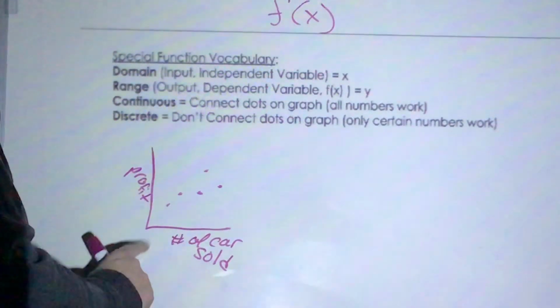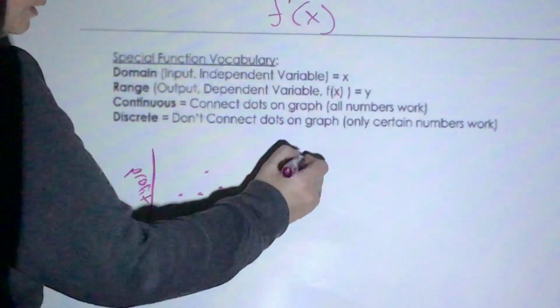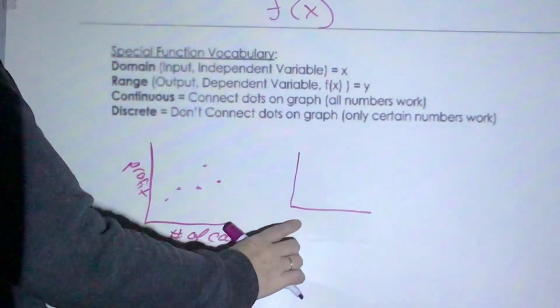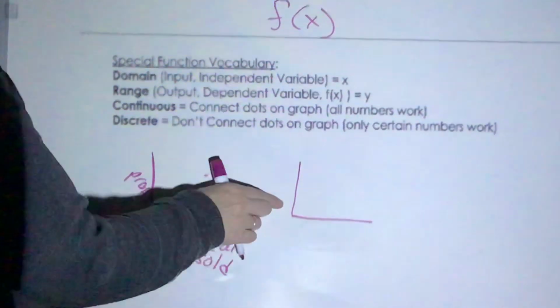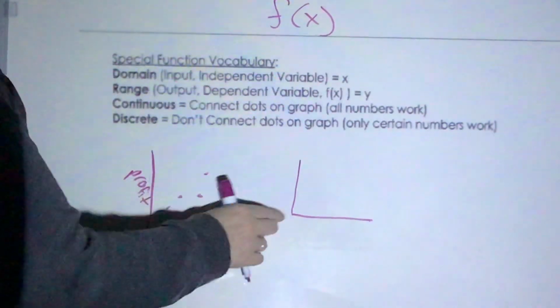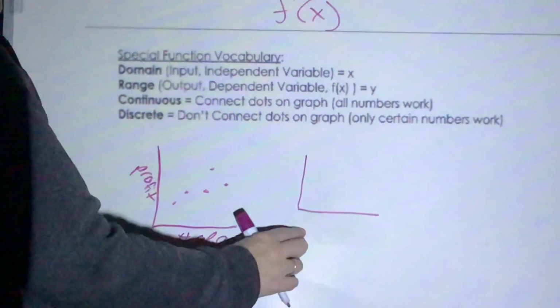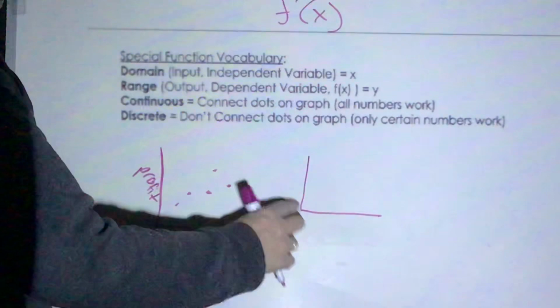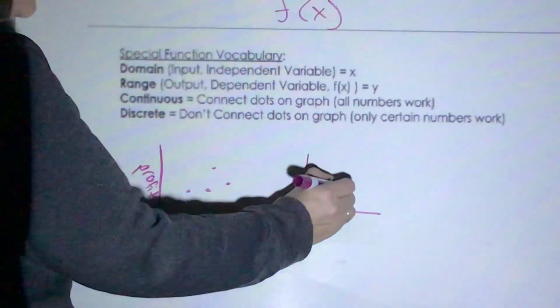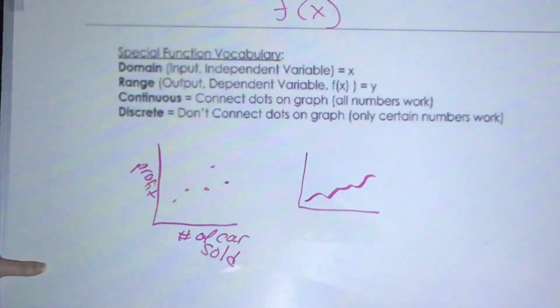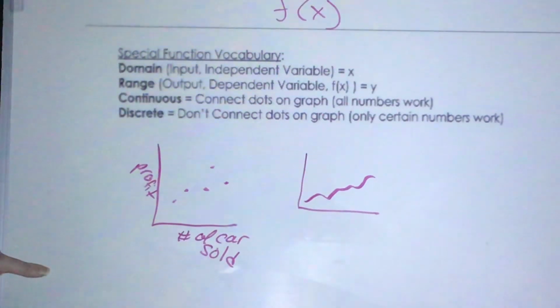So this would be an example of discrete data. Continuous might be your age and your weight, your age and your height, where you can have fractions of both of those numbers. So it would make sense to connect all the points because you're showing what happens in between.